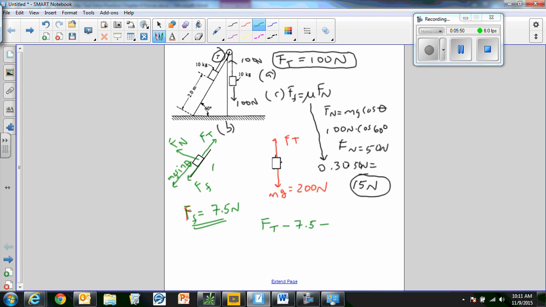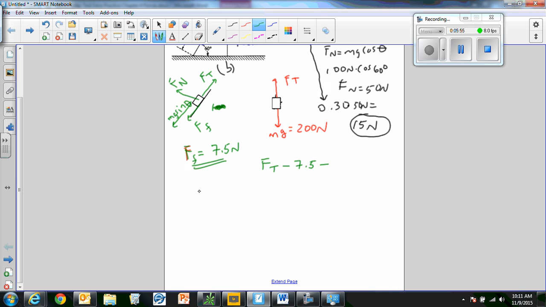So 100 sine of 60 degrees is 86.6 newtons. Ft minus 7.5 minus 86.6 newtons has to equal m times a, which would be 10a. I'm going to make it positive because it's accelerating up the incline. I'm calling up the incline positive since I called down the incline negative. That's the reason these two are negative.